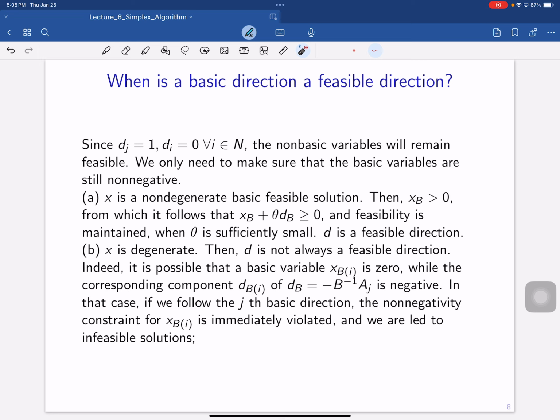Then it follows that there always exists a positive theta such that the basic variables still satisfy greater than or equal to 0. No matter what this dB vector is, if xB is strictly greater than 0, as you can imagine, you can always find a small enough theta such that the basic variables are still greater than or equal to 0, right?